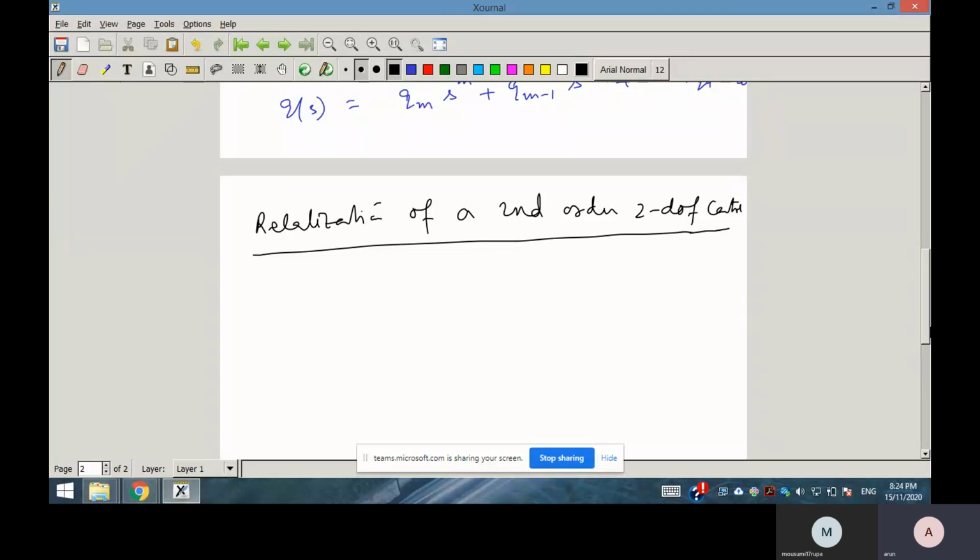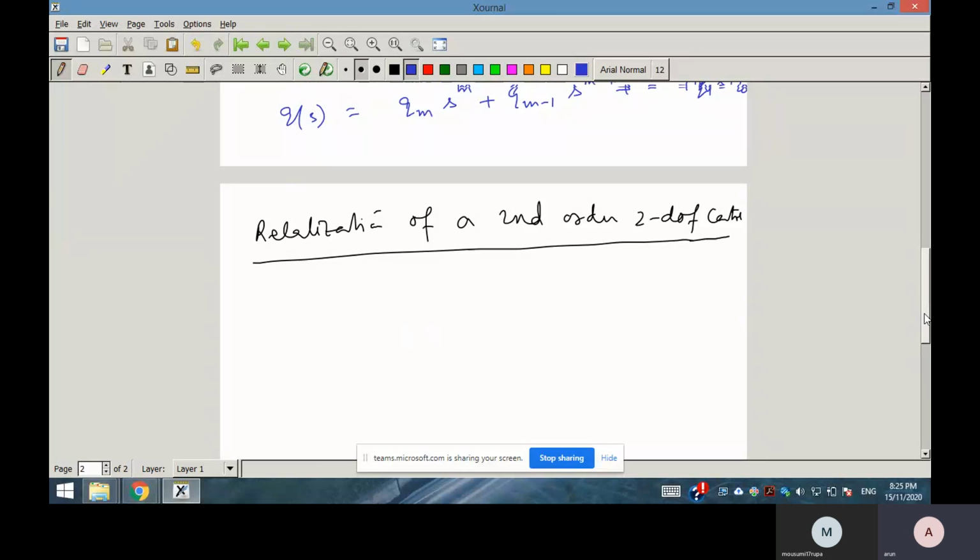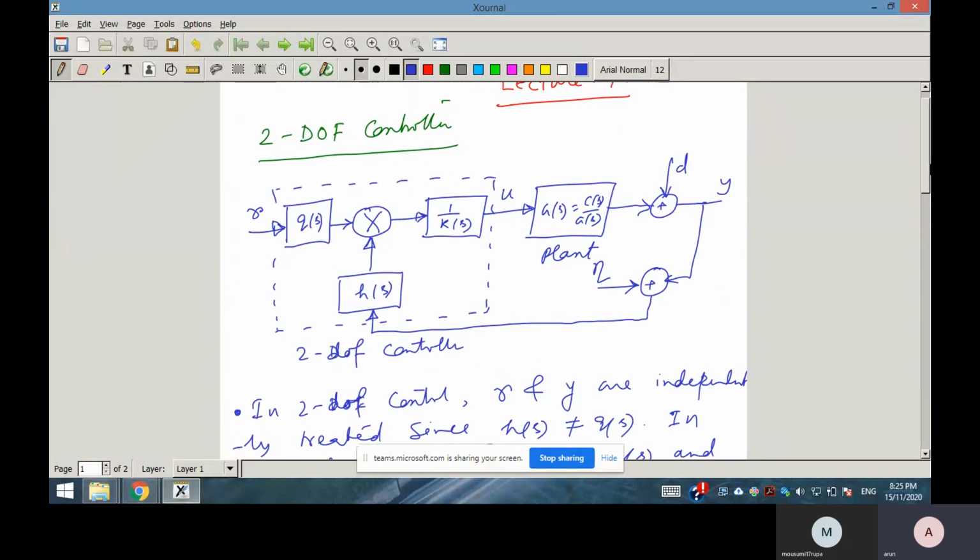But you can easily verify the block diagram that I am drawing, that for that block diagram your controller will be u equal to hs by ks into y plus eta, plus qs by hs into rs.